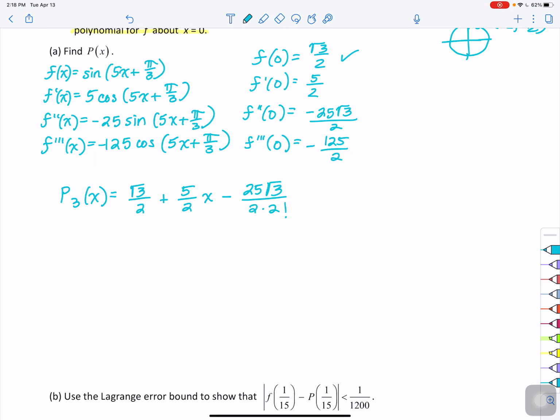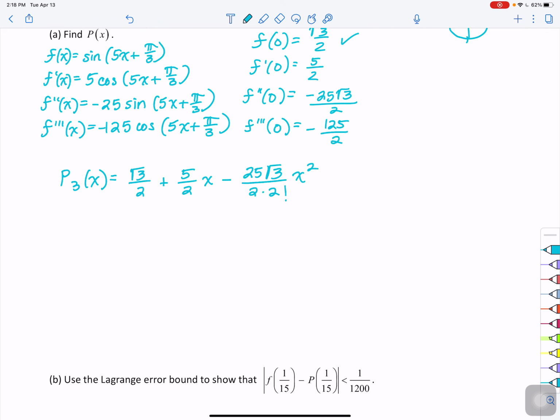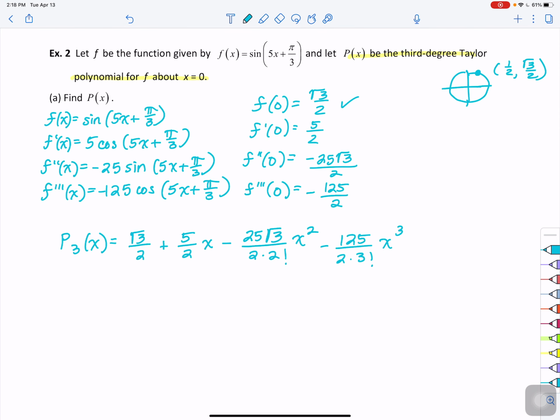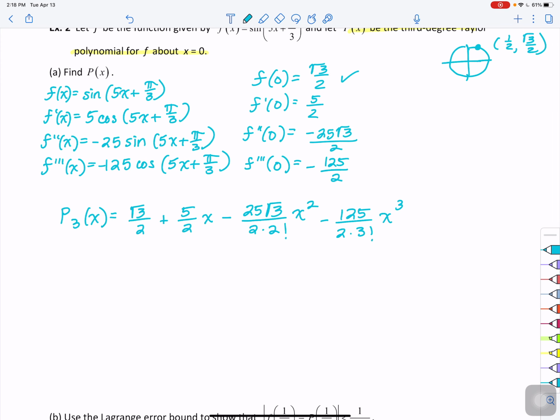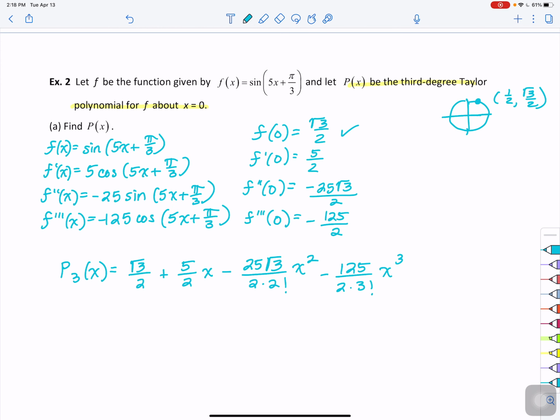Don't forget about your 2 factorial, and there's your x squared. Minus 125 over 2 times 3 factorial, all multiplied by x cubed. Okay, we're going to work with this third degree Taylor polynomial.